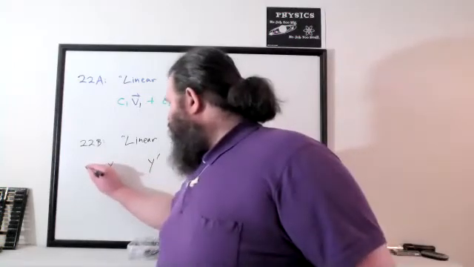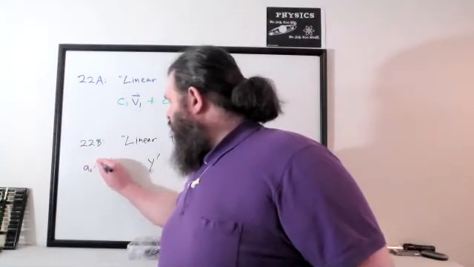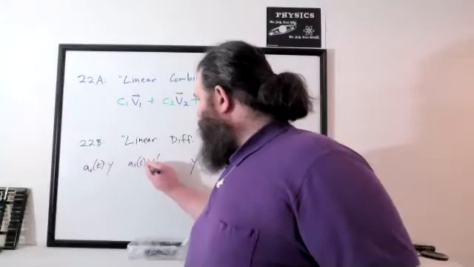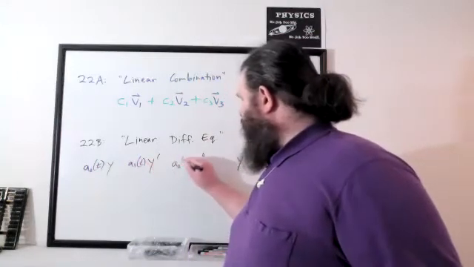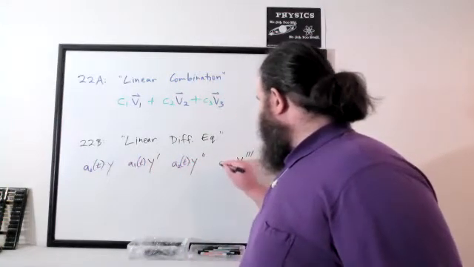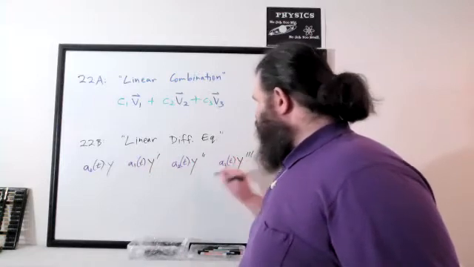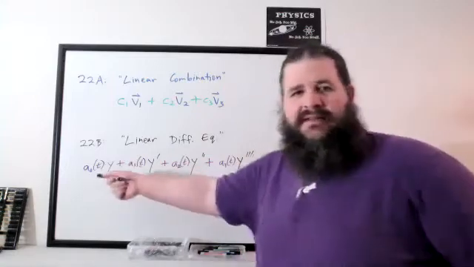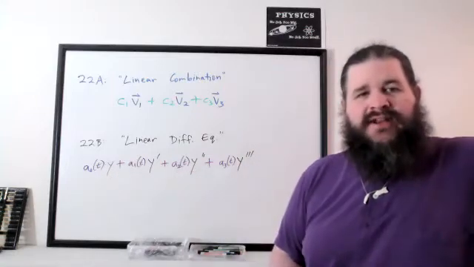So we could have, the usual terminology is we'd have maybe a0 of t, a1 of t, a2 of t, a3 of t. Add those together. This would be a linear combination of y and its derivatives.